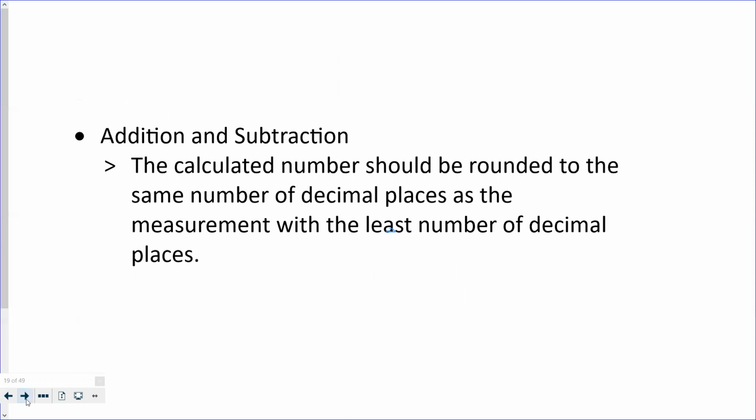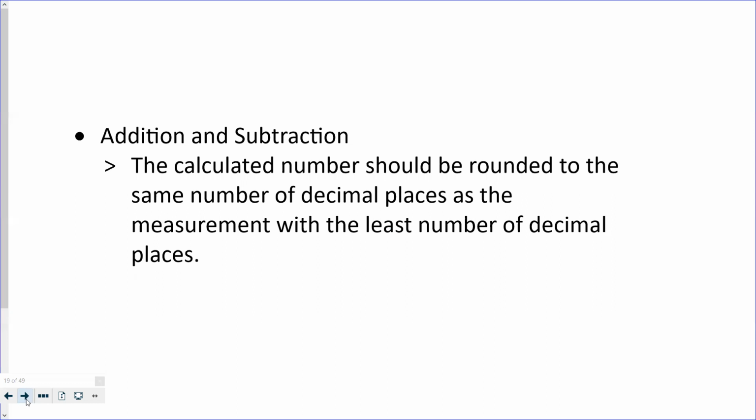So let's look at what happens when we add and subtract, and we're going to do a couple examples with these. The rule for adding and subtracting is that the calculated number should be rounded to the same number of decimal places as the measurement with the least number of decimal places. So we said for multiplication and division, you're rounding to the least number of digits.